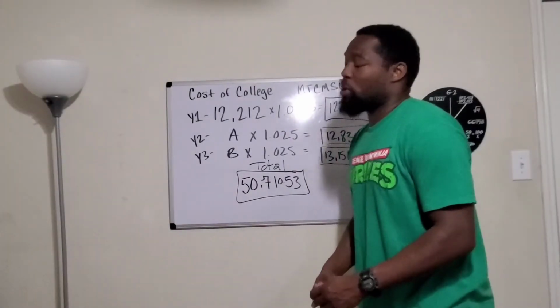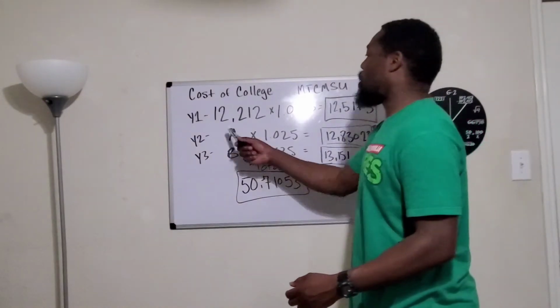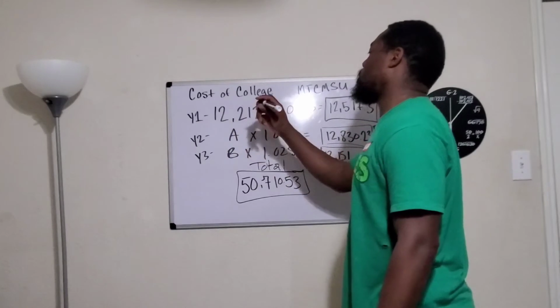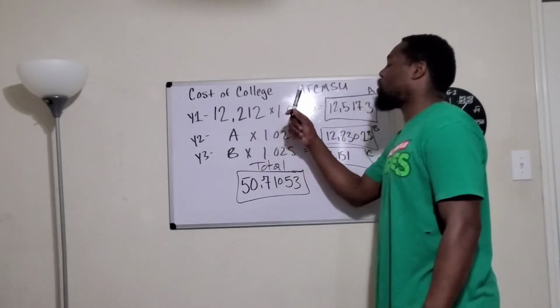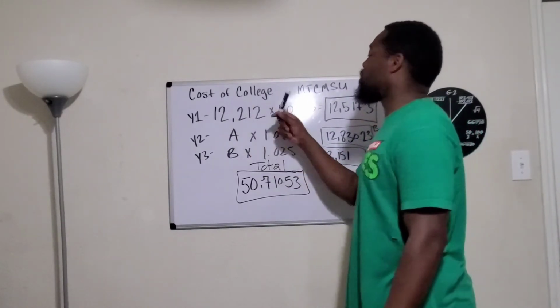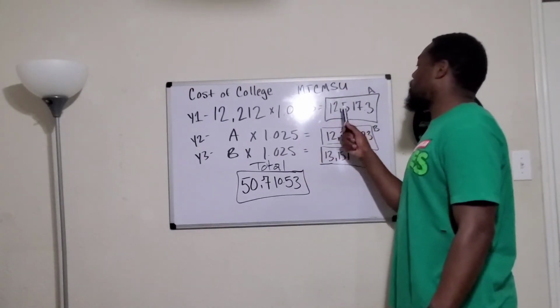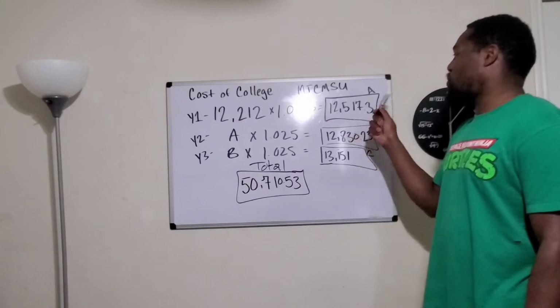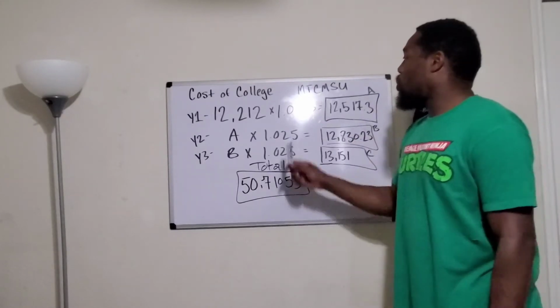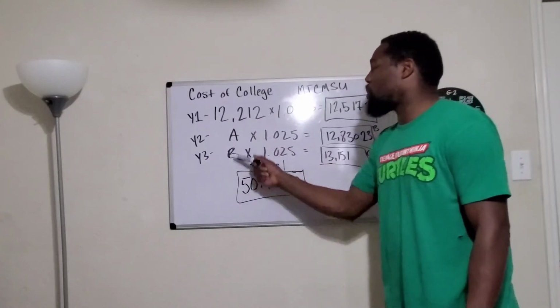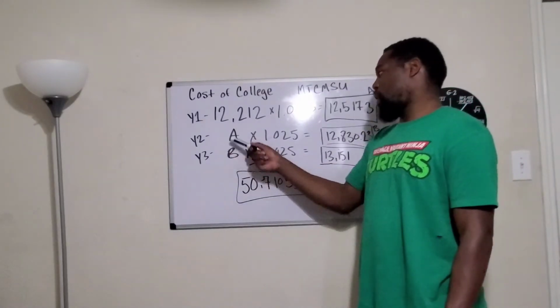So if you did your math correctly, multiplying your $12,212 by your 1.025, you would have gotten this for your A, $12,517.30. I didn't have the space. Y'all know I'll be running out of space, so I did not write what that was.